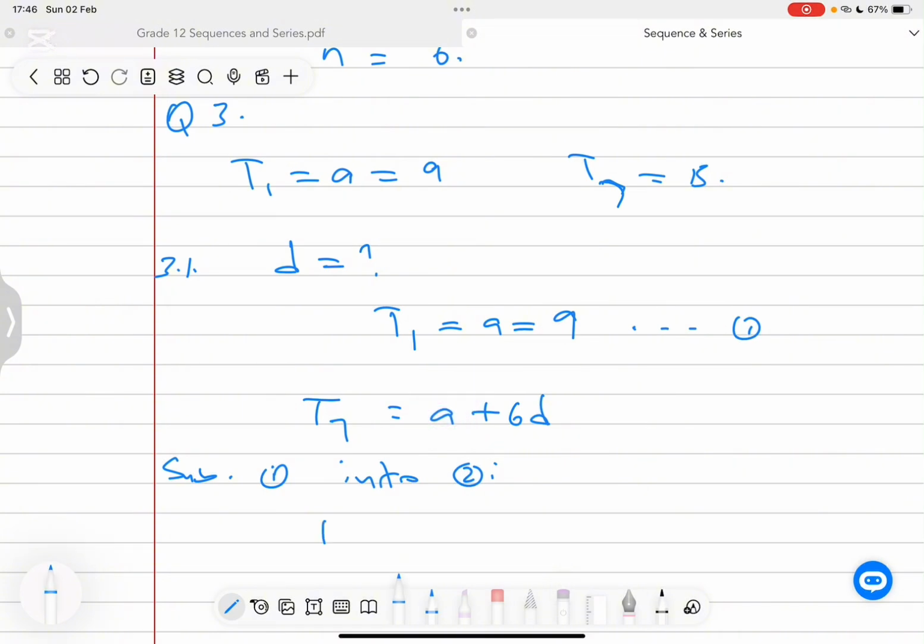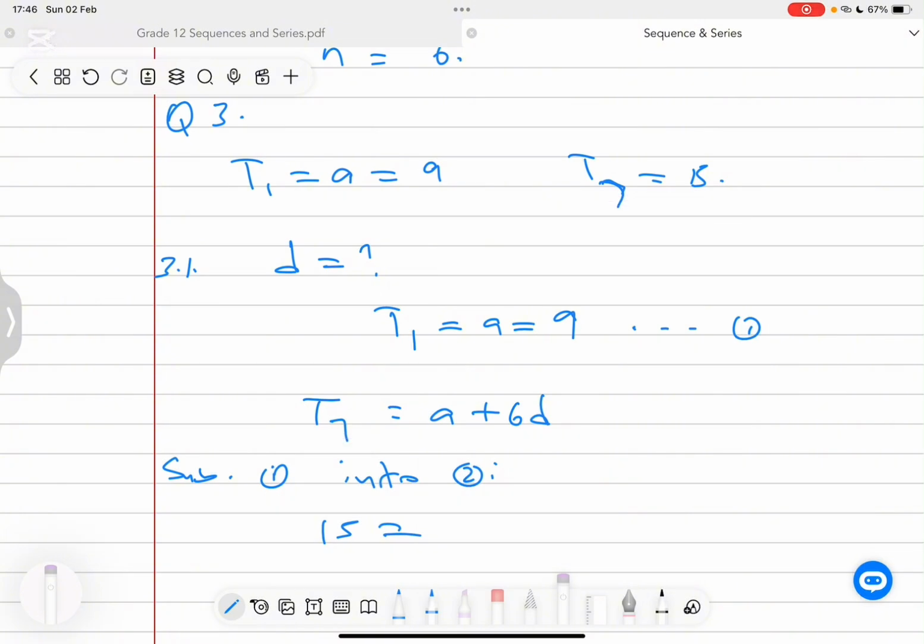So that now I'm going to have t7, which we said is 15, meaning on t7 I'm going to write 15, because we know that t7 is equal to 15, meaning I'm substituting t7 by the term value, which is 15.